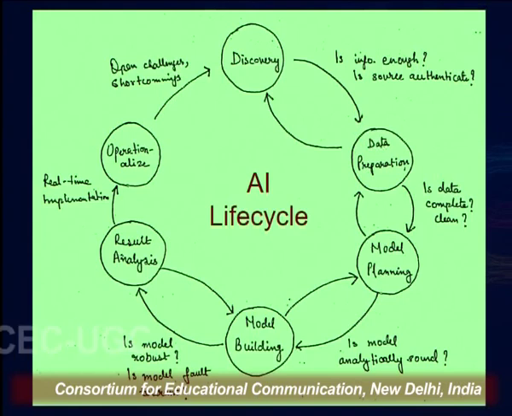Or you can say, how much data is required, the optimum data that is required, are we getting that? These are the questions that we try to respond to in the first phase. Once we have these questions answered, it means that we have the data in hand and it is complete enough to process and proceed ahead.